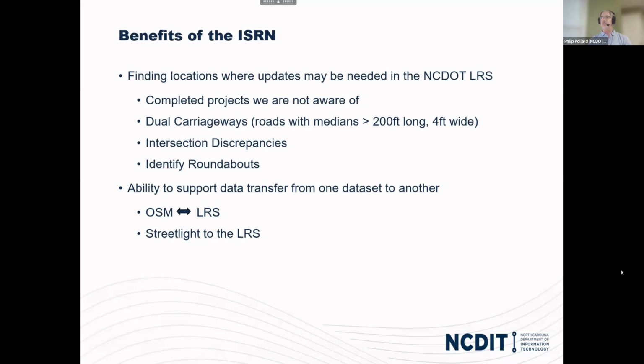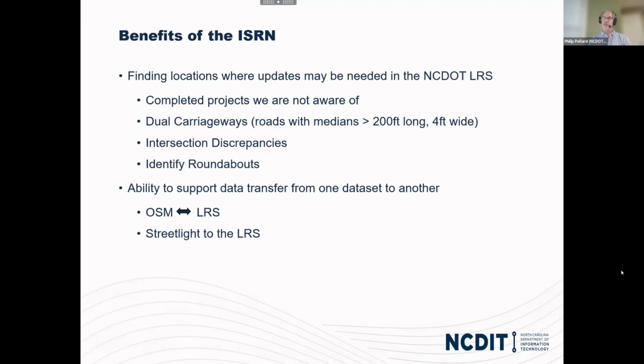There's dual carriageways, which is 200 feet long, and we're not reported from us, but we can see it in the OpenStreetMap. So we're doing comparisons in some of the scripts. There's intersection discrepancies, and I'll show you some of those in a few minutes.